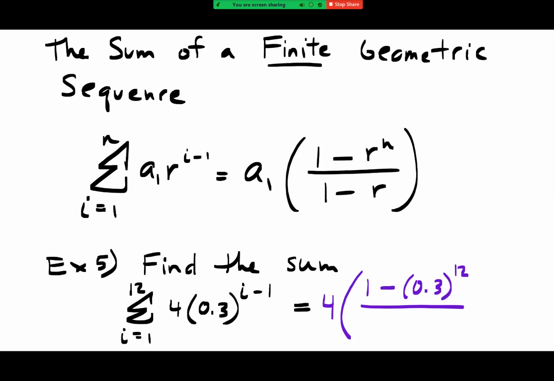And the only thing that we have to be seeing is that we do have this little i minus 1 right here to work. Okay, and that's a punch into the calculator here. So I don't think I did that one.